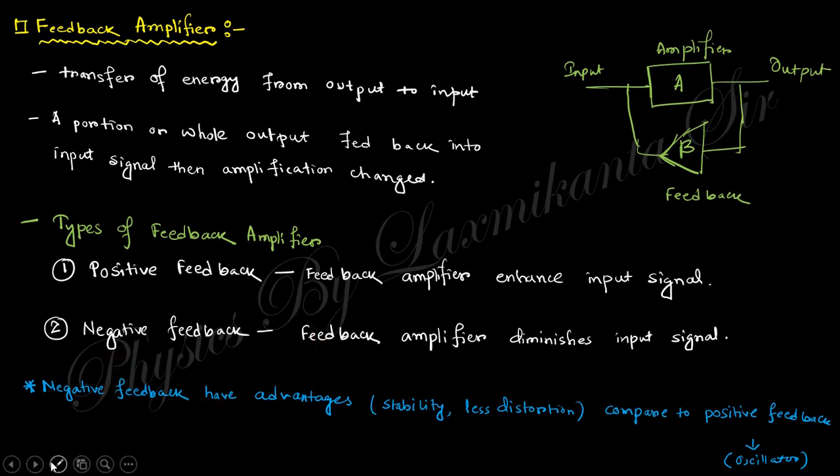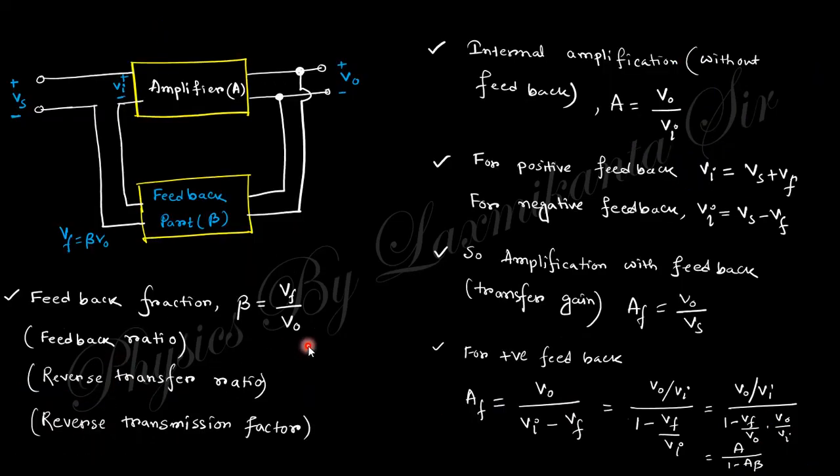So look at the different types of feedback. This is a general diagram of a feedback amplifier. You can see this is an amplifier A. This is the input, this input changes into output, and this output is fed back through this feedback network into the input.